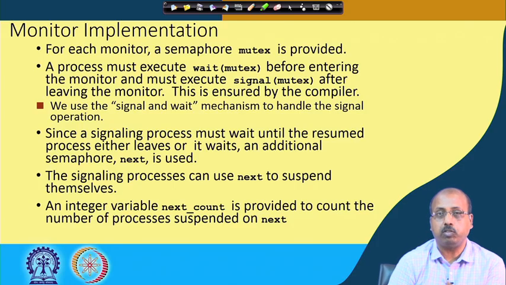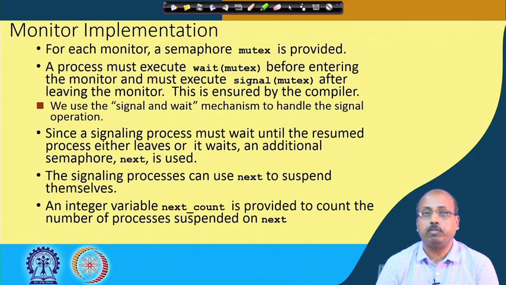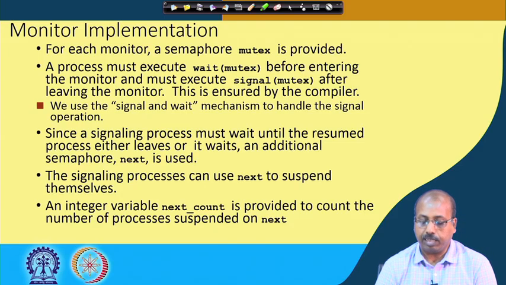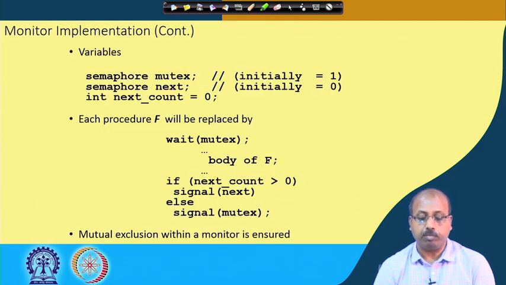The idea that we are following is that any signaling process will suspend itself so that the signaled process can continue. So, the signaling process calls wait on this semaphore next to get suspended, and in the integer variable next count, it counts how many such signaling processes are getting suspended on next.